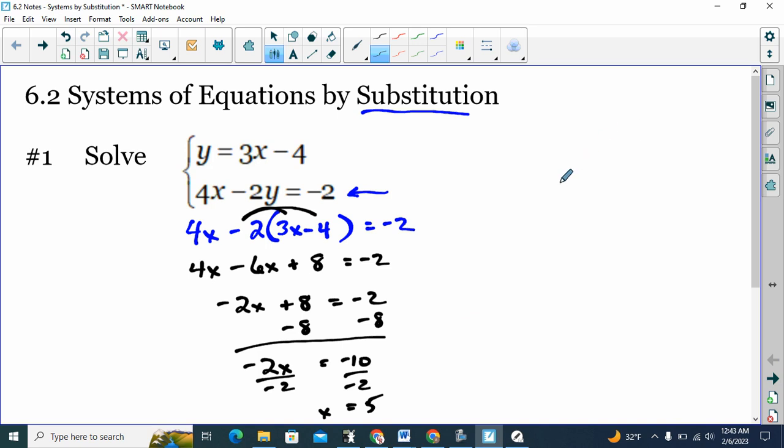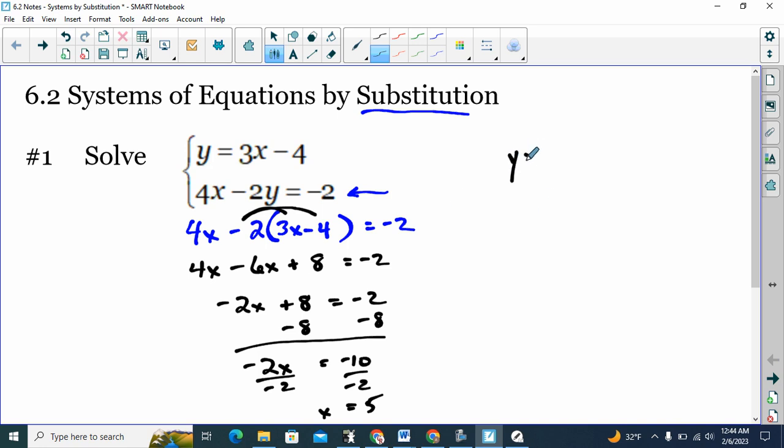Remember, in a system of equations, we not only need an x value, but we need a y value as well. I know my x value is 5. You can go to either equation and plug 5 in for your x. I think the easiest place to plug in 5 would be right here.